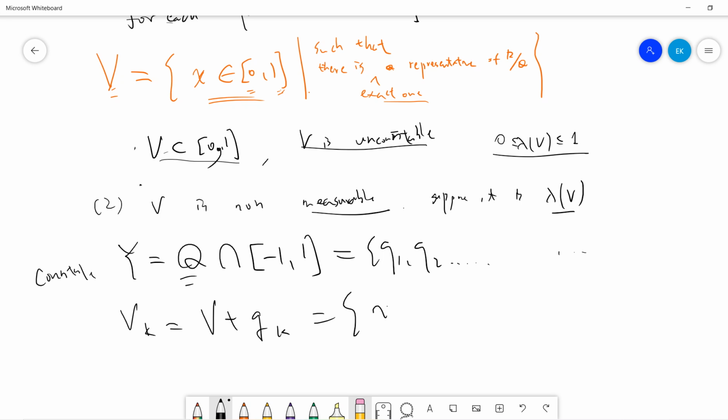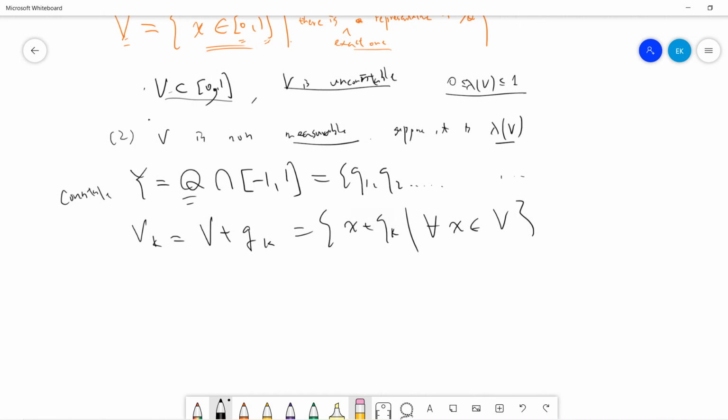So basically it's x plus qk for all x in v. I just add qk. The idea is that if I collect all the vk, what is the region for this vk? vk starts from -1 to 1.